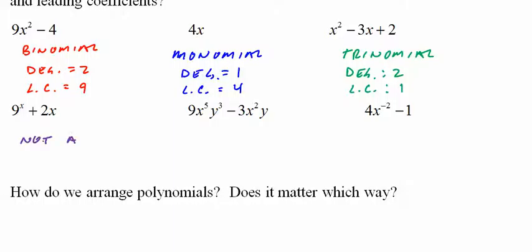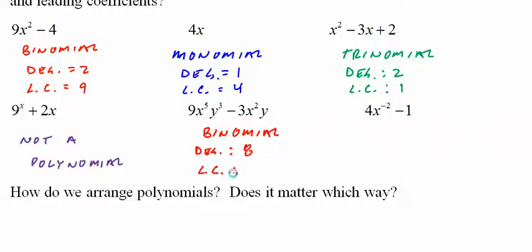Get an x up in the exponent. This is a binomial. Degree is 8. Leading coefficient is 9. This is not a polynomial. Let's get a negative exponent.